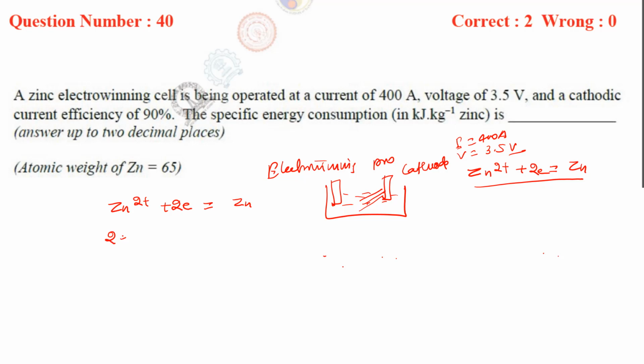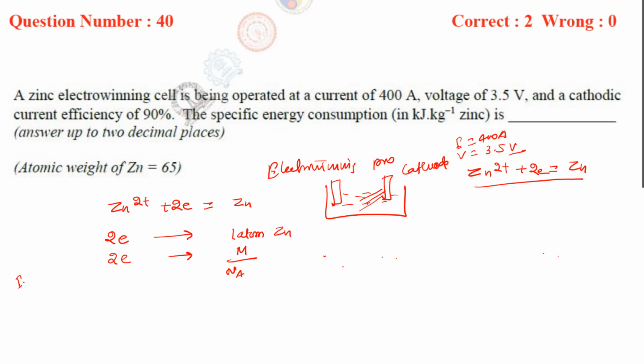When two electrons move, we get one atom of zinc. So when two electrons are moving, we deposit the mass of one atom, that will be the molecular mass divided by the Avogadro number.